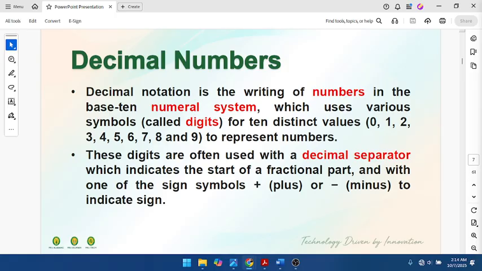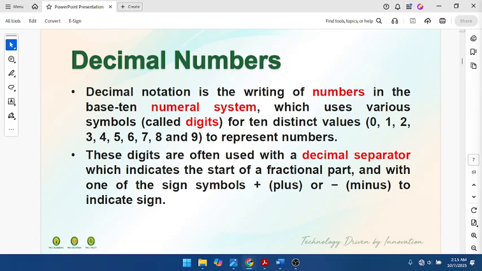Okay, so now we discuss the number system we are almost all familiar with: decimal numbers. As the point explains, this is the base 10 system.